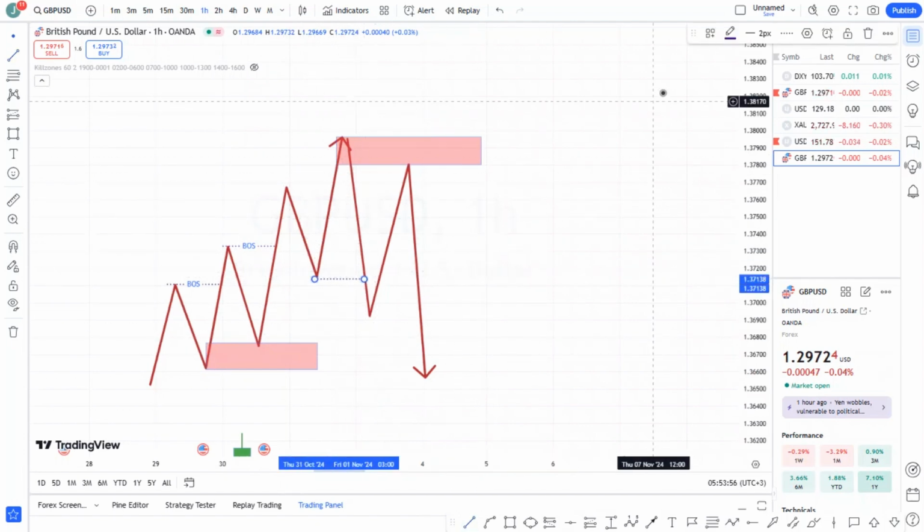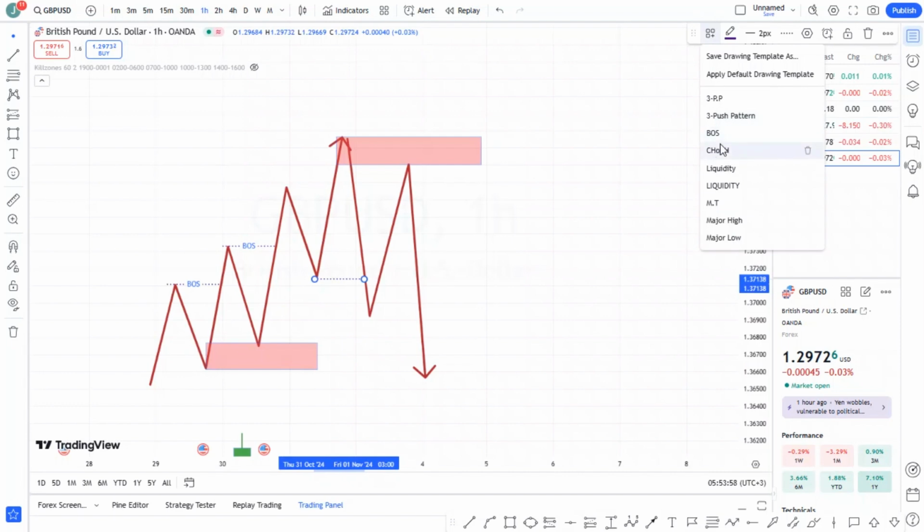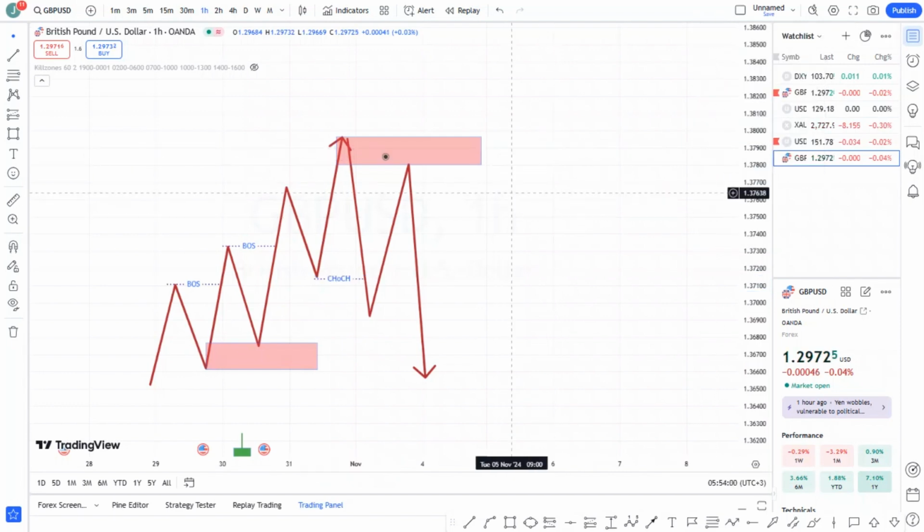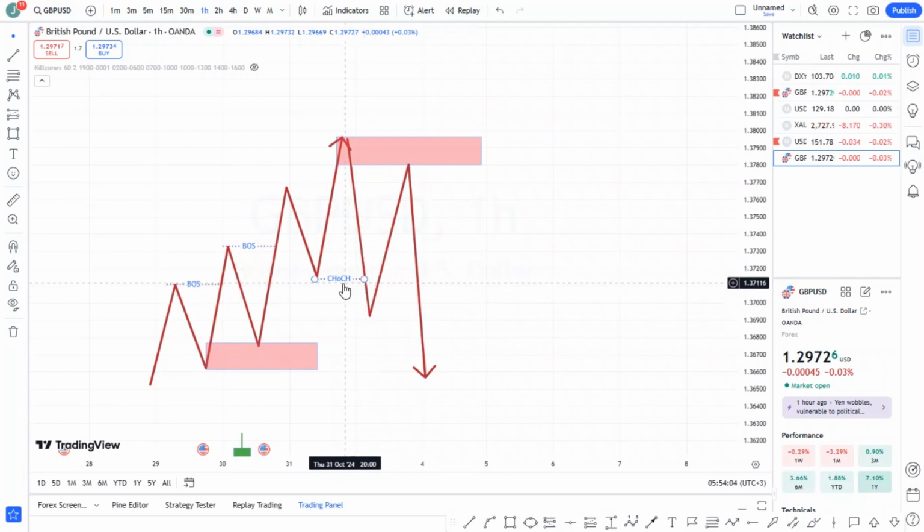Okay, we have a change of character at this point. Once you see price breaking and closing below this zone, taking out this low, now you'd consider this order block valid. Now you'd start looking for an opportunity for price to reverse, to come back to this order block before we continue dropping down.